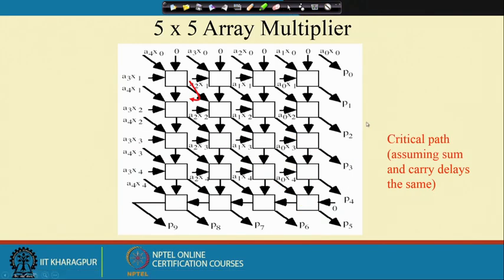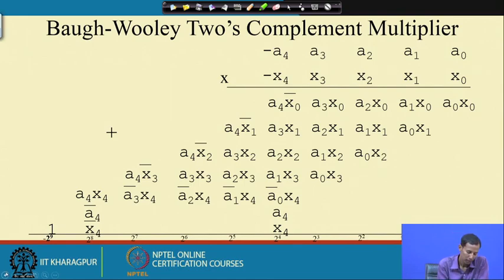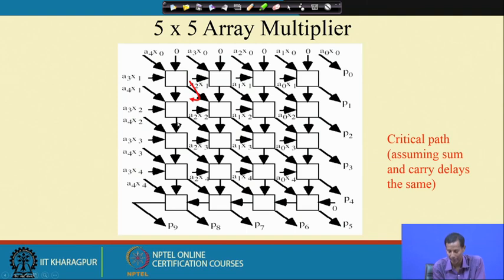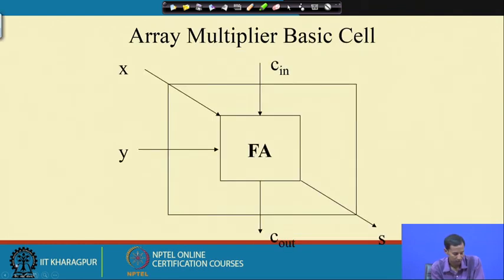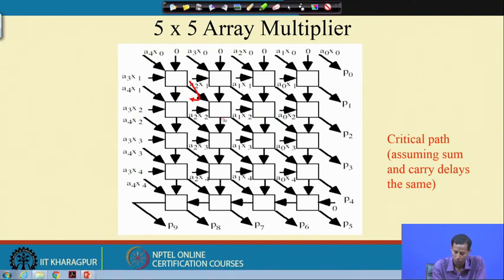If I consider that each processing element is nothing but one full adder cell, with 3 input bits producing 2 output bits, then this P4 is again coming over here, and at this position it is also traversing to produce P6, P7, P8 and P9. So that is the total critical path.